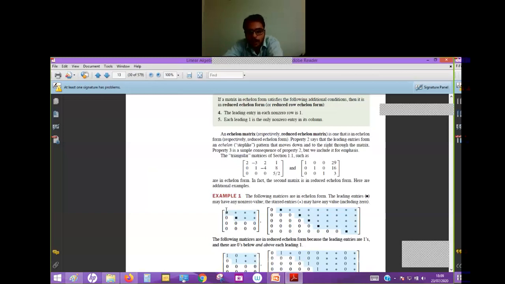Are you getting this point? Then this will again have some non-zero entry, and if there are three rows, then again this element will have a non-zero entry. So this is making a step-like pattern.